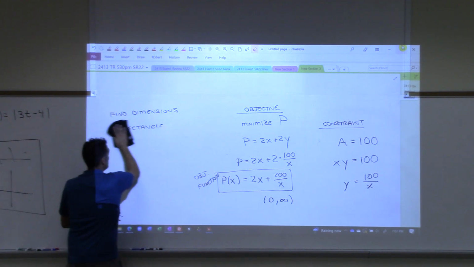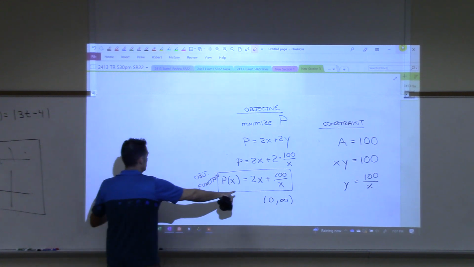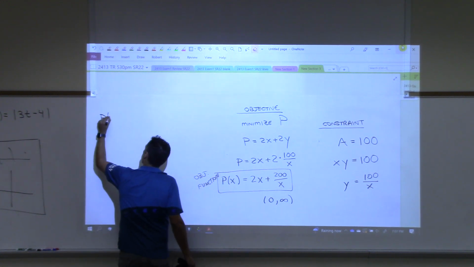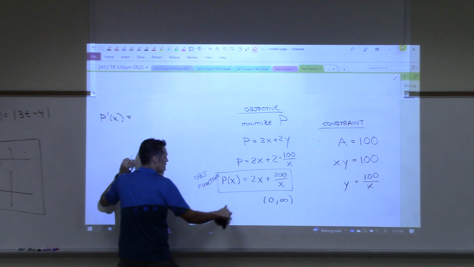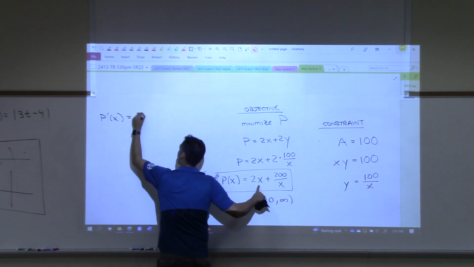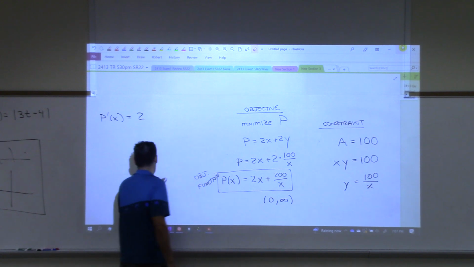So we're going to take the derivative of this function. Derivative of 2x is 2. What's the derivative of 200 over x?